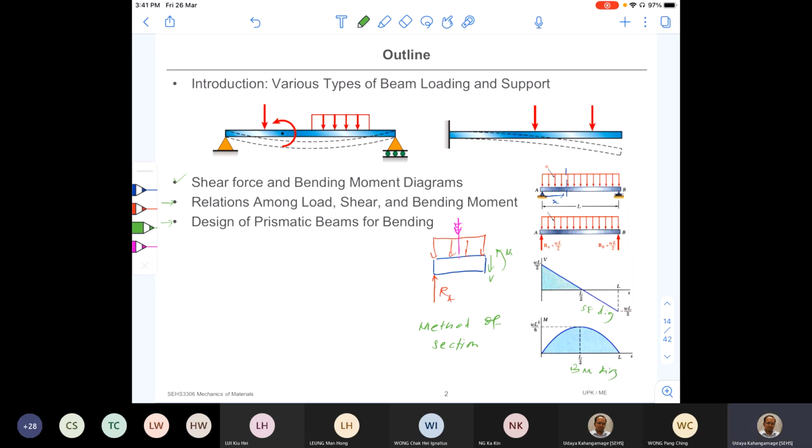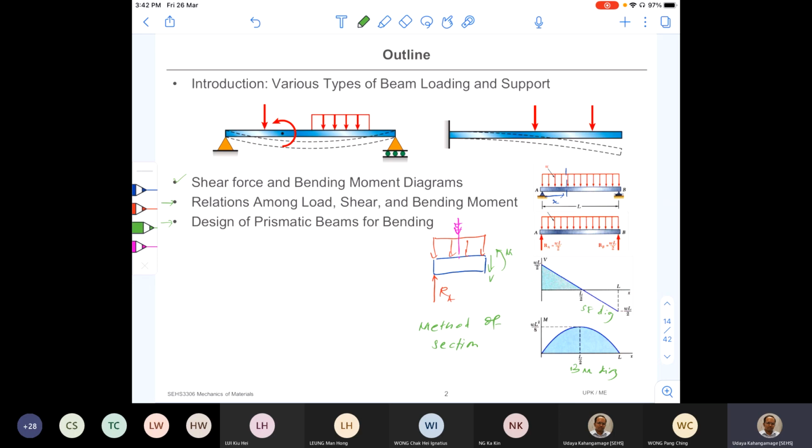So when we are finding these functions, we need to find them between discontinuities. Can you remember the discontinuities we talked about last time? So the load application points are the discontinuities because at that point, suddenly the shear force or bending moment is going to vary. It is not going to continue, right?